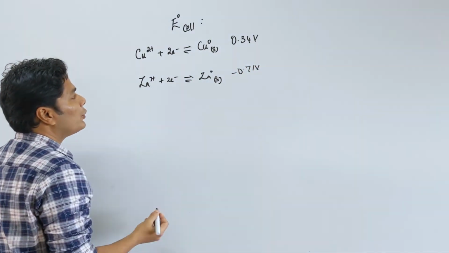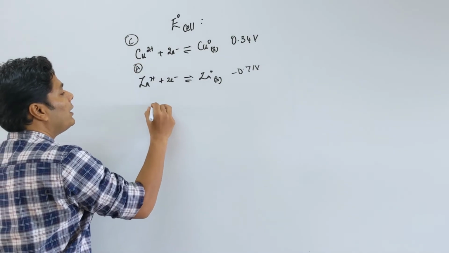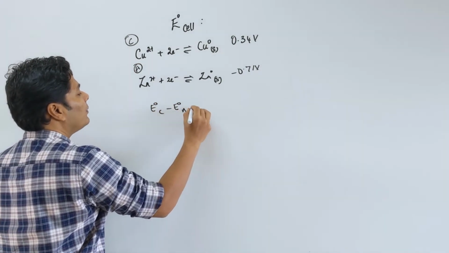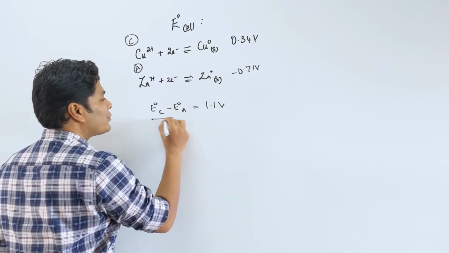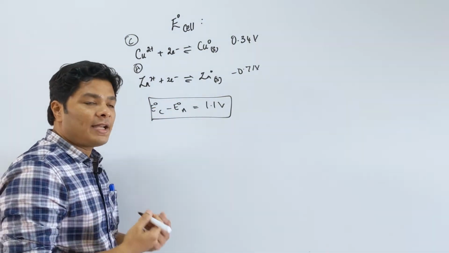So if I were to do it, this is my cathode, this is my anode. So I can do E naught cathode minus E naught anode equals 1.1 volt. This is extremely simple. But there are cases, and it has come many times in NEET.